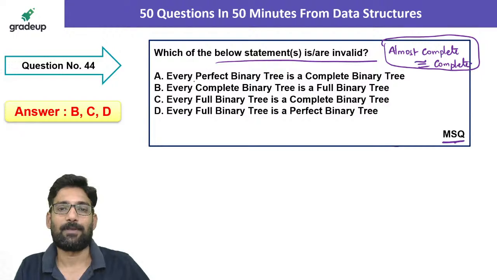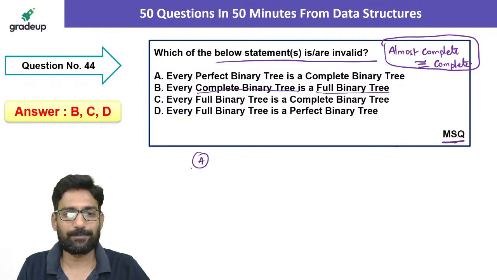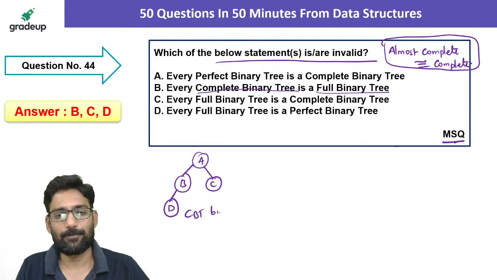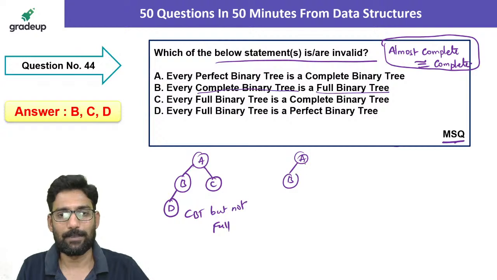Yes. Every complete is full? No. How? Every complete need not be full. So I'll just write A, B, C, D. This is complete but not full, isn't it? Similarly, every full is complete? No, it need not be.